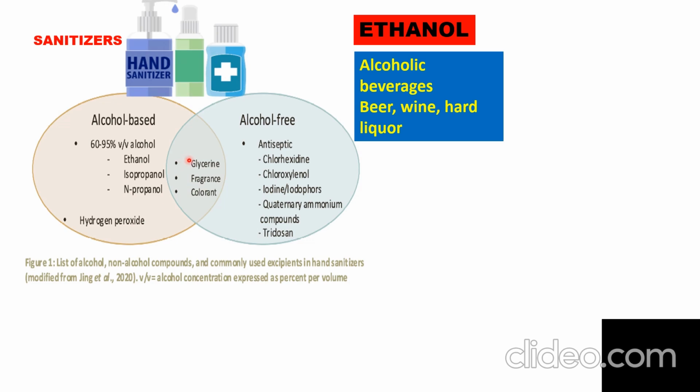Sanitizer also contains a moisturizing agent in the form of glycerine, and some fragrance is added. And alcohol-free products are based on disinfectants such as benzalkonium chloride, or an antiseptic in the form of chlorhexidine, chloroxylenol, iodine, iodophores, quaternary ammonium compounds, or triclosan.